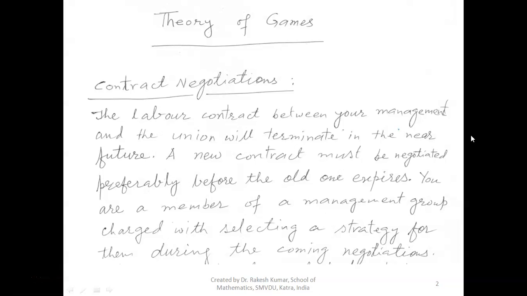A new contract must be negotiated, preferably before the old one expires. You are a member of the management group charged with selecting a strategy for them during the coming negotiations.